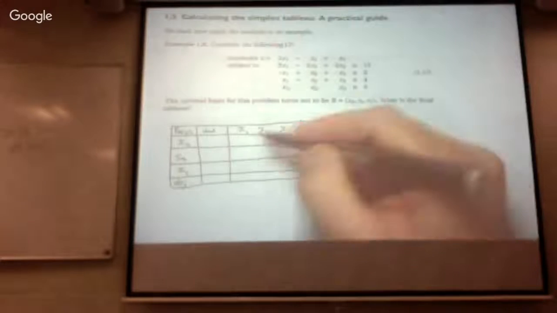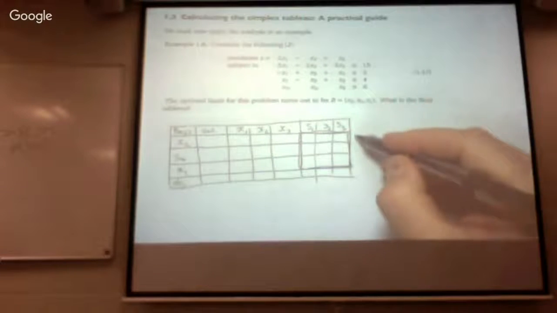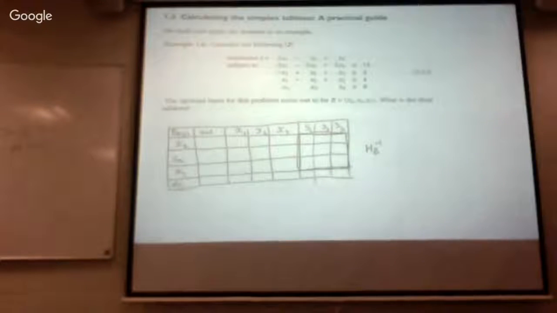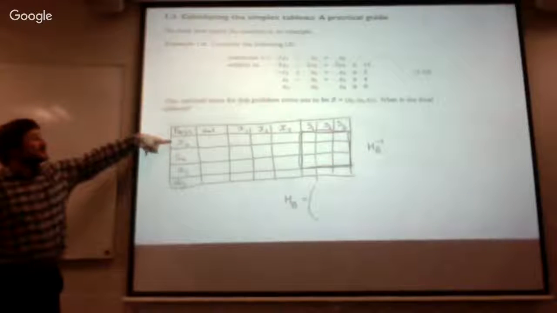So when you're doing an exercise, when you want to find out what the other entries are, the first step is to work out here the right end. And this right end here is the inverse of the M matrix. And so what is the M matrix? MB. Well, the first column of this matrix, first variable is x2.